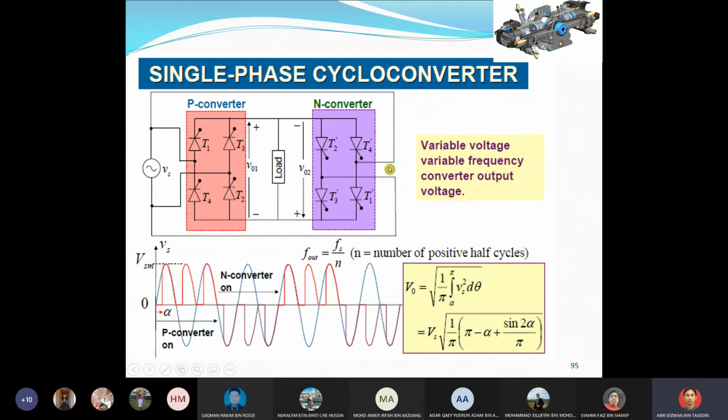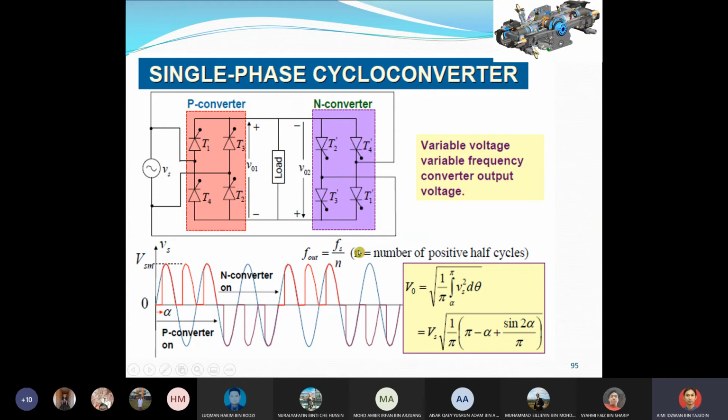Okay, so in this case it creates several portions. If we look at the blue color, this is the normal AC, and within one normal AC we create another frequency. In this case we have the P converter on and the N converter on. So in this case it will turn on like this. So this is the positive cycle, and this is the negative cycle.